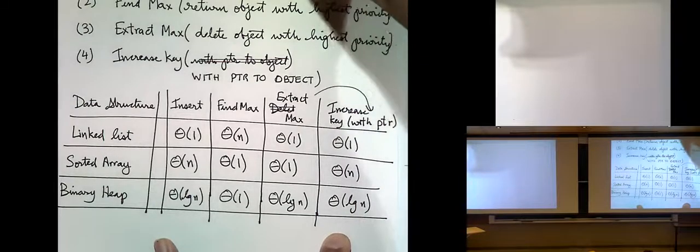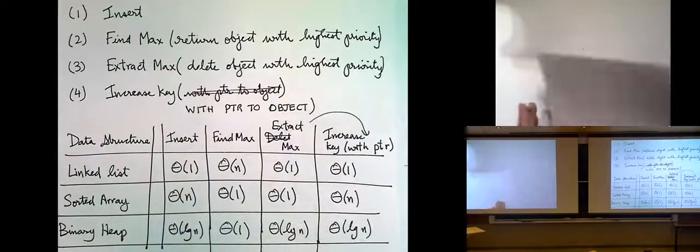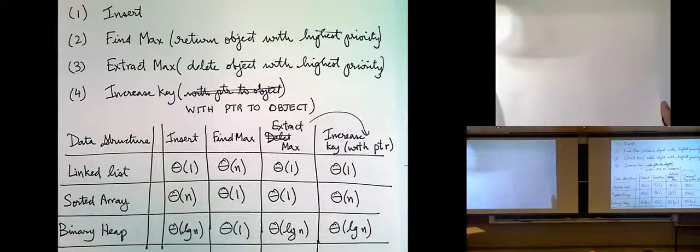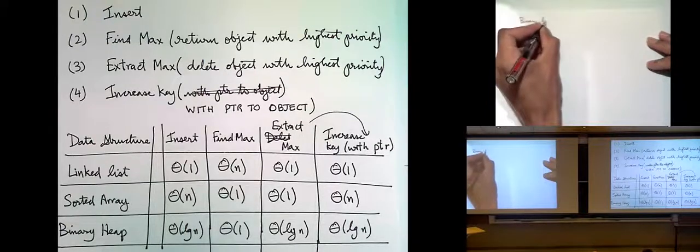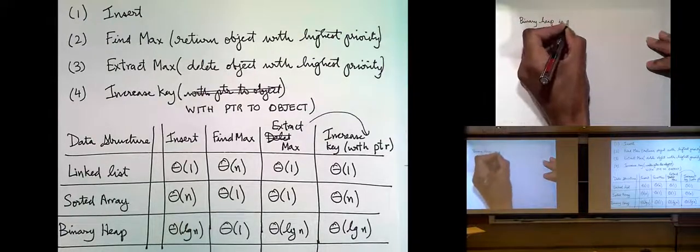And a binary heap is a really cute, really clever data structure that gives you all of these. The first time I saw this, I thought it was incredibly clever. So the thing is, a binary heap is an array of objects.